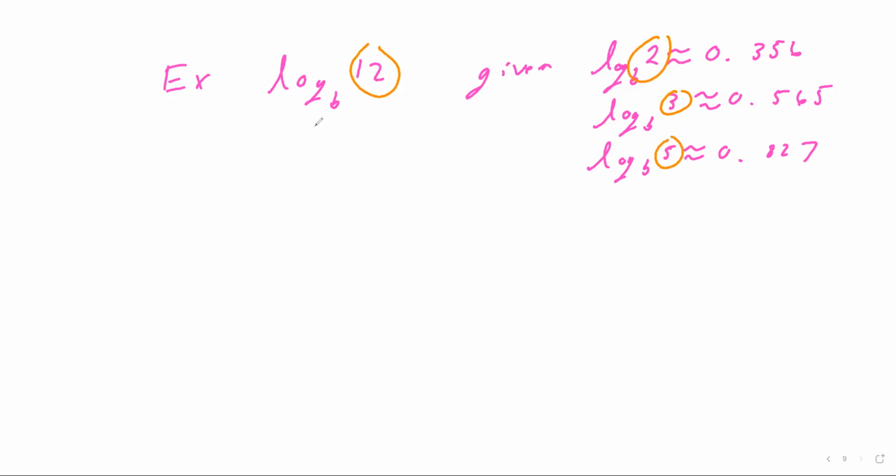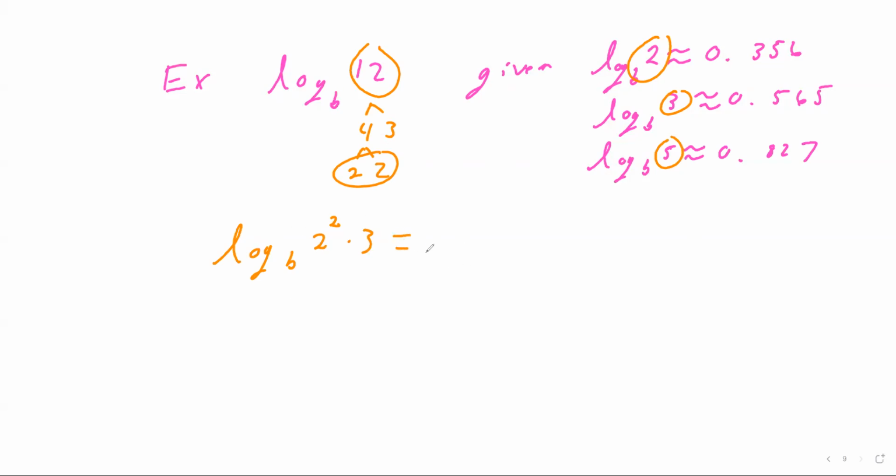And so when I'm looking at 12, I instantly think, well, that's 4 times 3. 4 is not one of the numbers, so I need to break 4 further and see that's 2 times 2. So I got to see that this is the same thing as log base b of 2 squared, since I have 2 of them, times 3. That's what 12 would equal. And then I got to expand that.